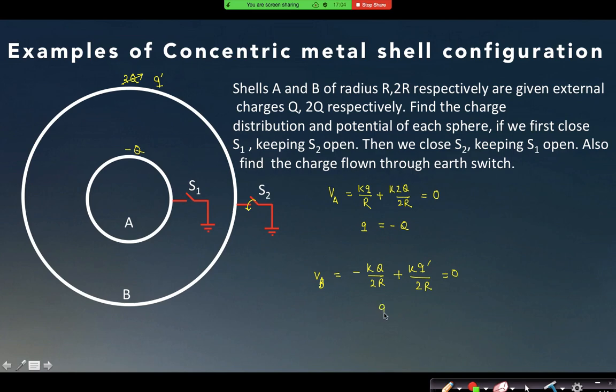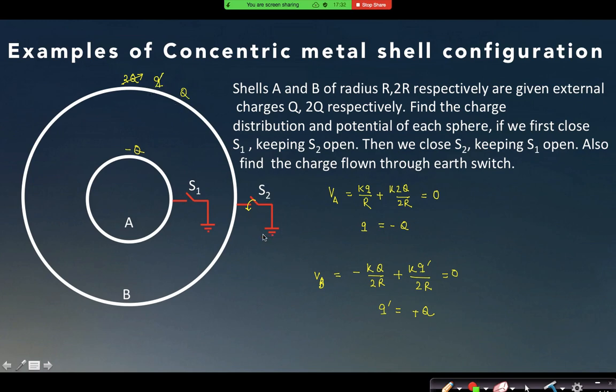So in that case, what is the q prime? Q prime will be plus q. So I can say that now the charge on the shell B will be plus q.